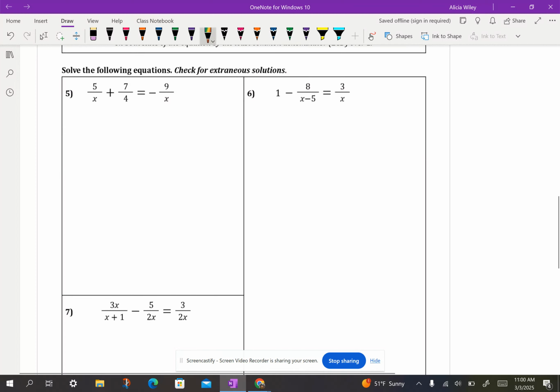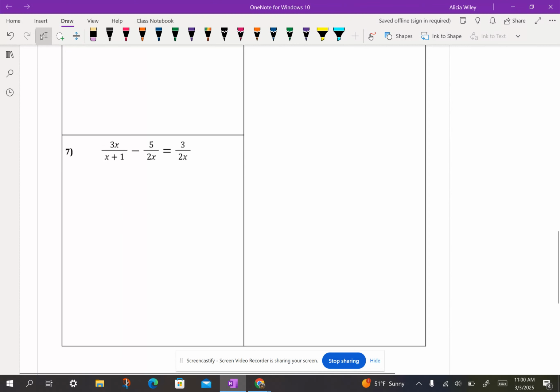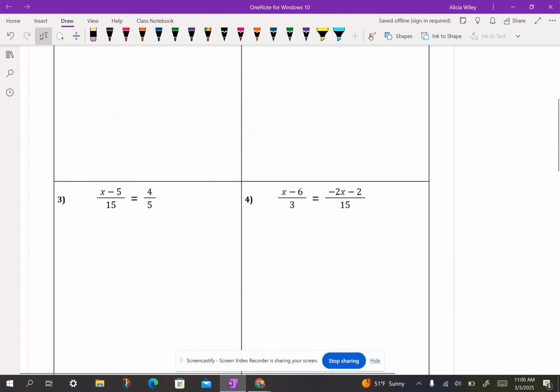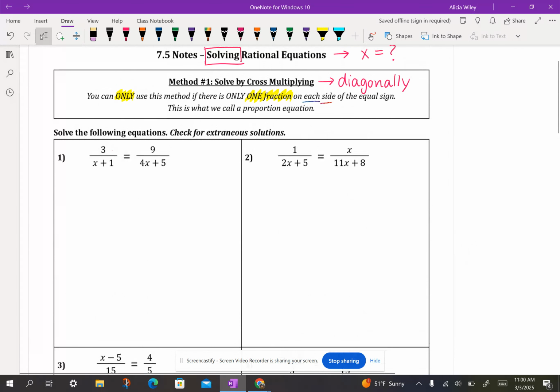So on this page, numbers 5, 6, and 7, you cannot use method number 1 of cross multiplication. Cross multiplication is something that we can use when we have what's called a proportion. A proportion is when you have a fraction equal to a fraction.